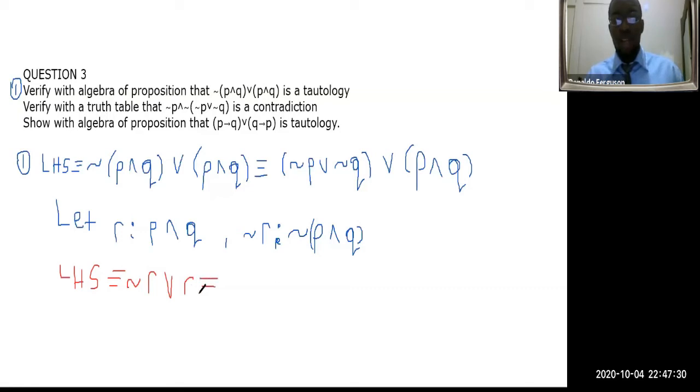We discover that this has to be true, and so hence it is proven to be true all the time.